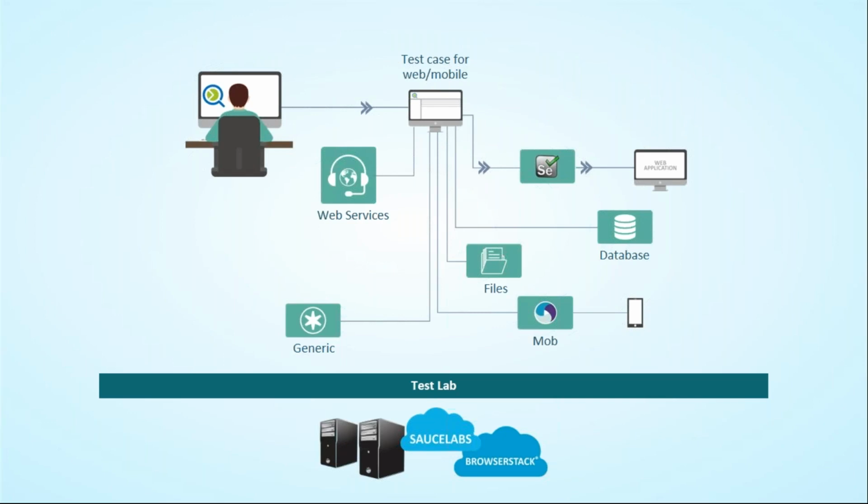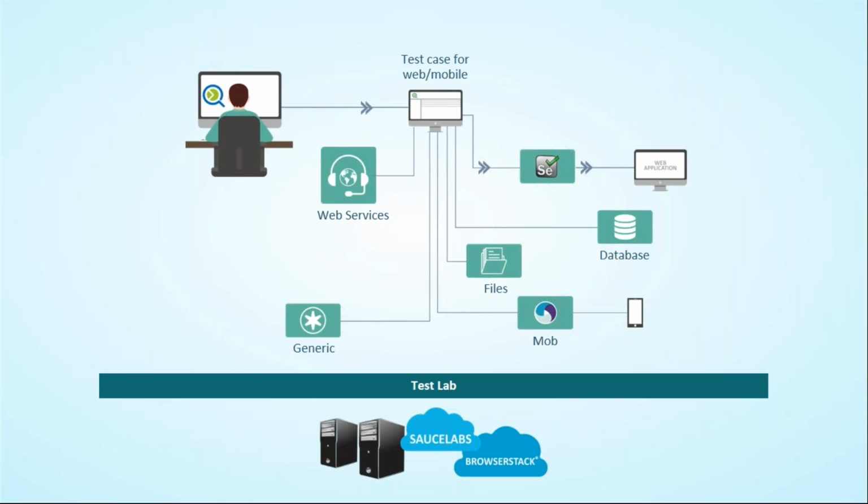So as part of your test case, you can communicate with web services. You can test a desktop-based web application through Selenium WebDriver. You can read and write from databases. As part of the same test case, you can manipulate files, read, write, or you can check mobile applications or perform certain generic functions like mathematical calculations or string manipulation.